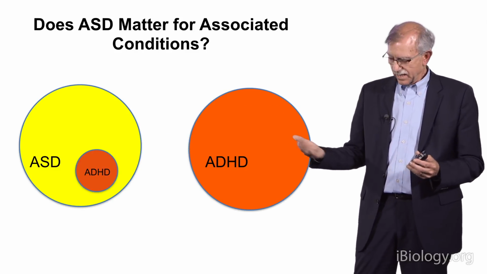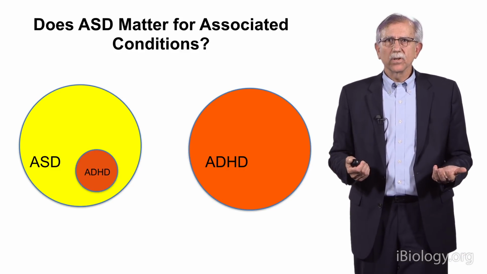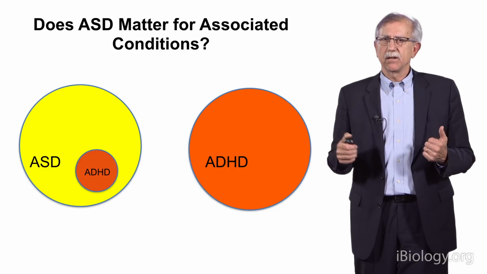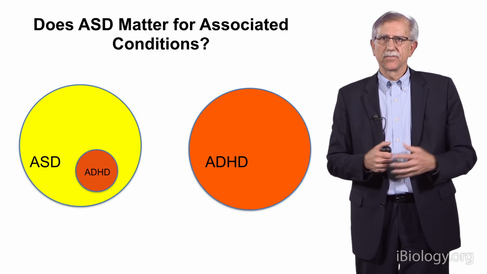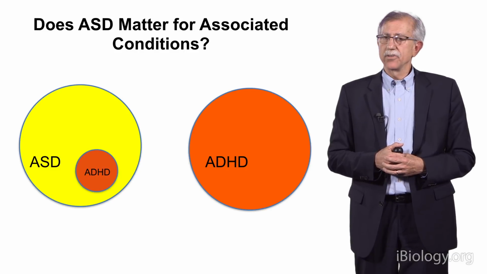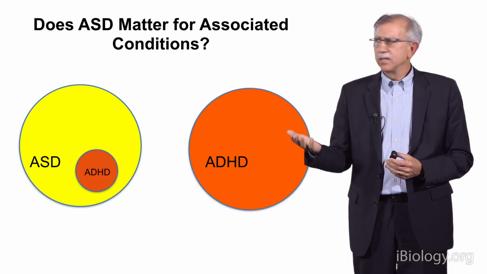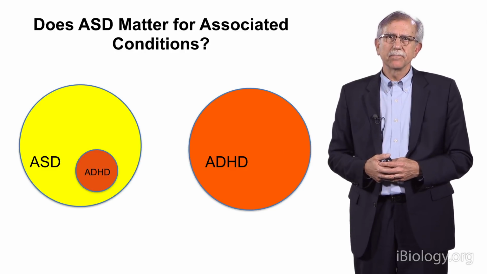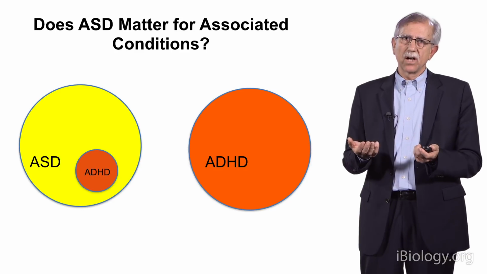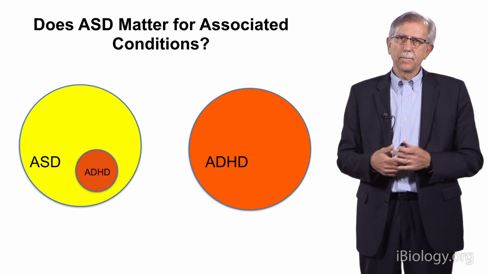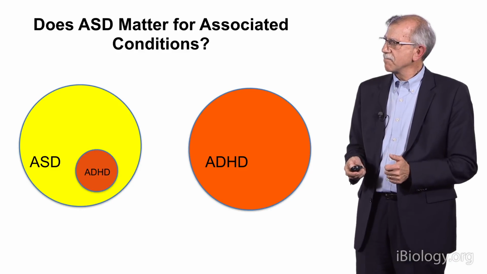A question that logically could be asked is, if we already know what works for ADHD, we have dozens and dozens of clinical trials that support the use of stimulants, for example, and other drugs as well, why can't we just use those therapeutics for ADHD and autism? Do we really need to do independent studies of ADHD and autism in order to move the field forward? And the answer is mixed.